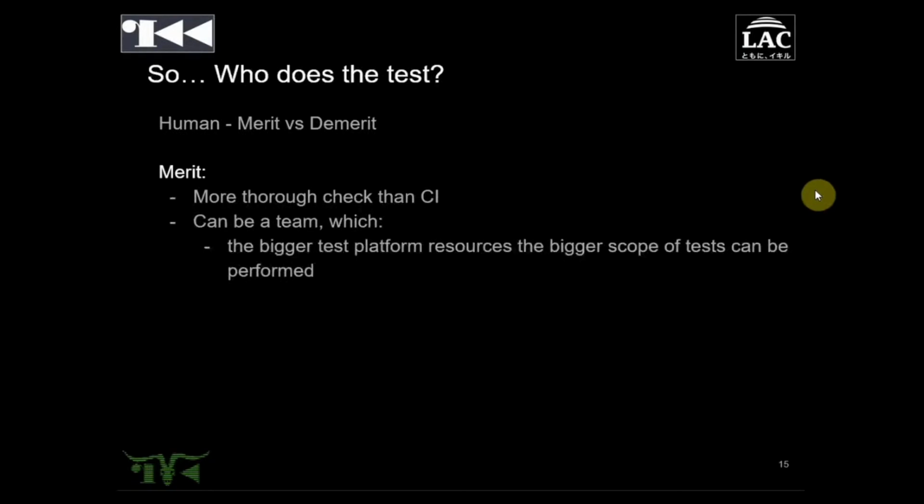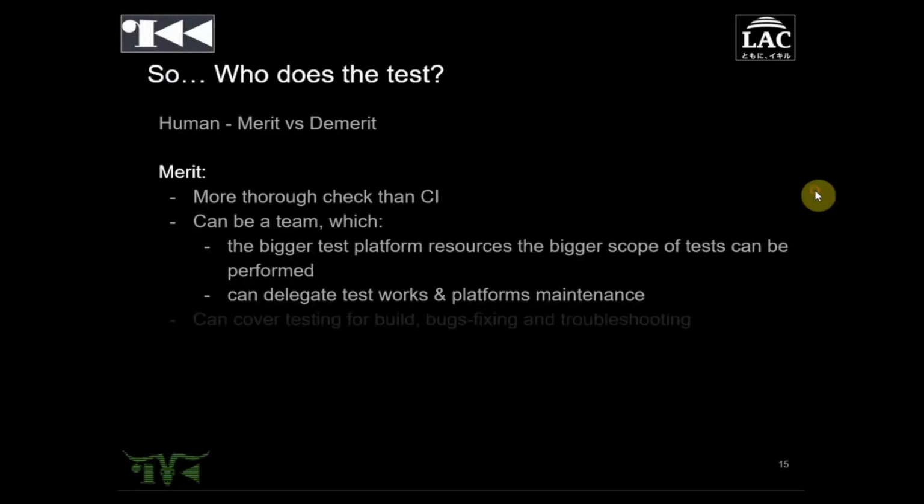So test work can be delegated, supporting many platforms maintained at almost the same time if the resources are big enough. CI can do the same stuff too, but I don't think they can run in parallel on like four operating systems at the same time.